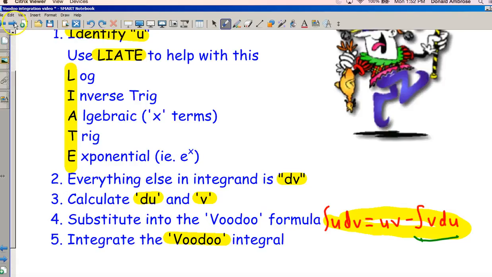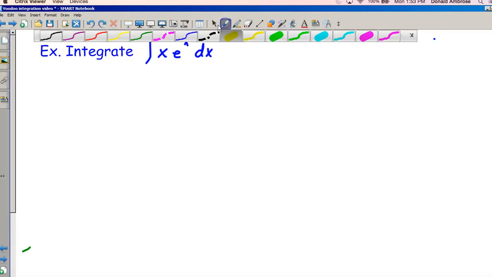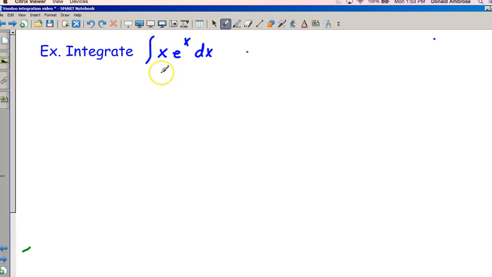So again, that's a lot perhaps to take in all at once, but let's now try to apply that to the problem that we originally looked at, which was we had to integrate this x times e to the x dx integral. So again, the first thing you want to do when you're going to perform integration by parts, or this voodoo integration, is identify your u. And this is going to be different than the way you chose u for integration by substitution.